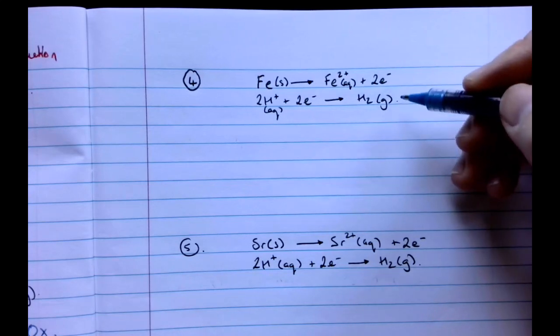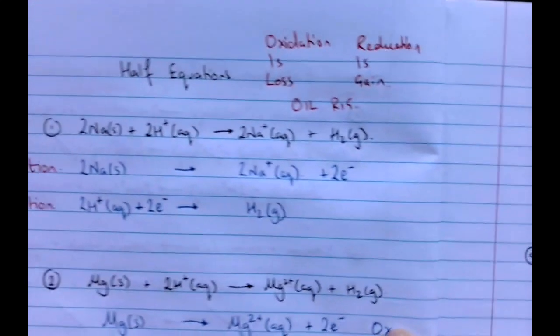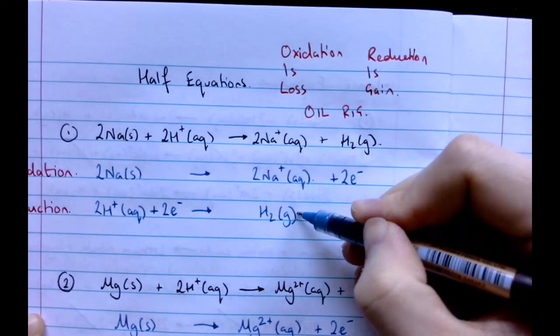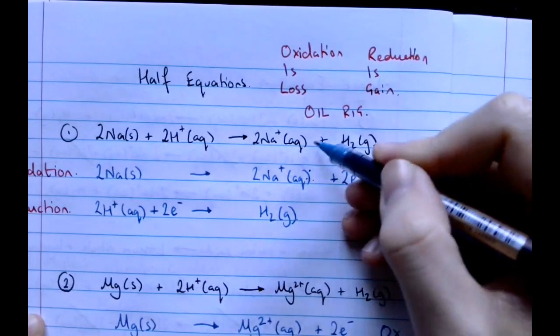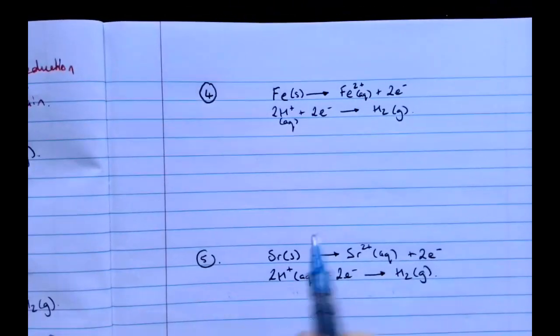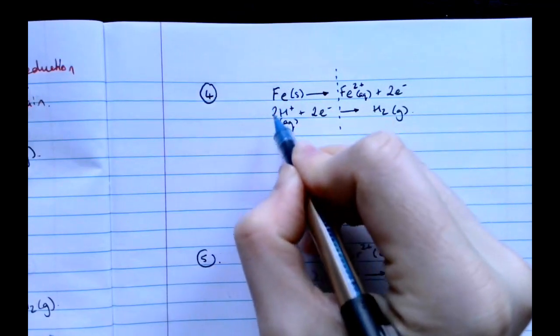Over here, I gave you the ionic equation, and you had to write the 2 half equations. Now I'm going to give you the half equations, and you need to write the ionic equation. Very simple. So all we do is we take everything on the left-hand side and add it together, everything on the right-hand side and add it together. It's a little bit like simultaneous equations.